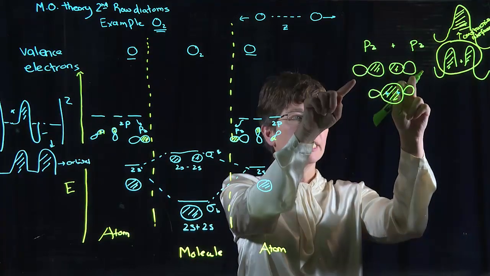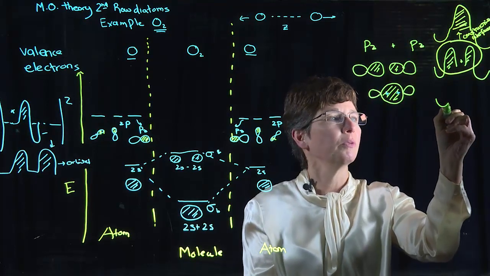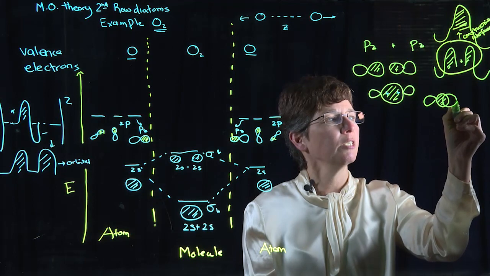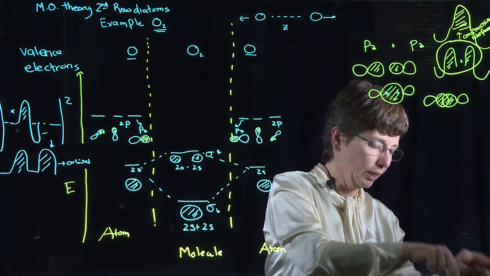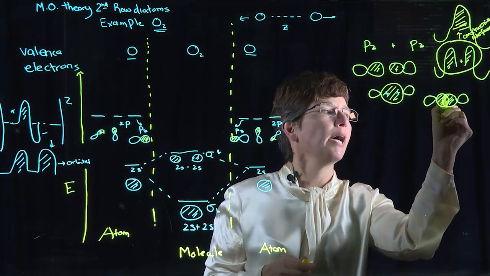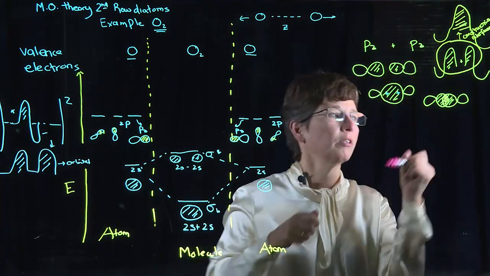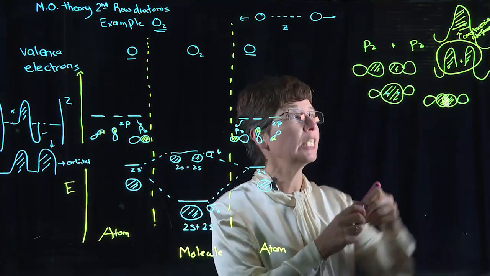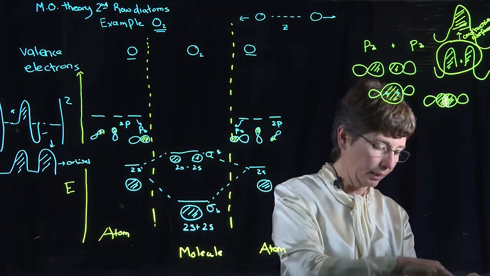So again, we've taken these two shapes and we've stacked them on top of each other. It really is as though I took this and then I put this on top of it. And in this region here, where they overlap, maybe I should do that in a slightly more contrasting color, they add constructively to make a big region of electron density.